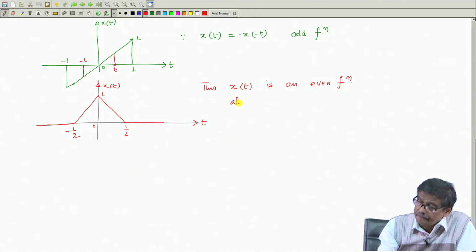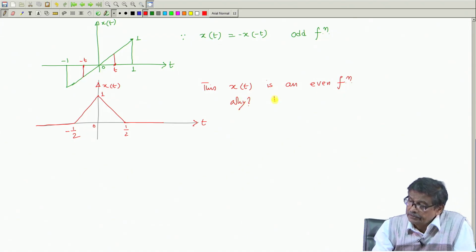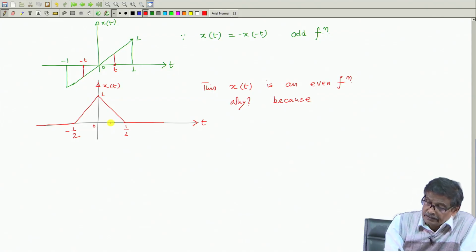Why? Because the value of the function at any time t is the same as the value of the function at the corresponding negative time. These two are the same.